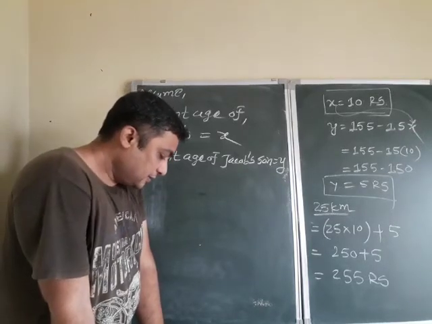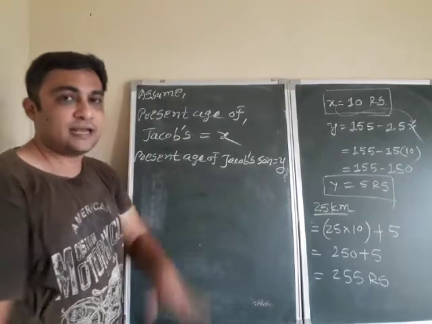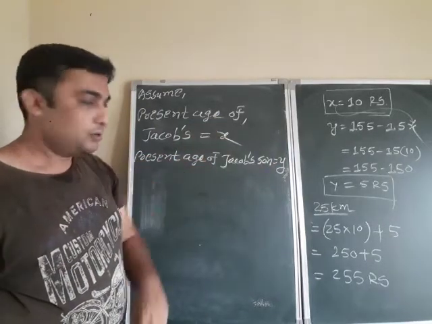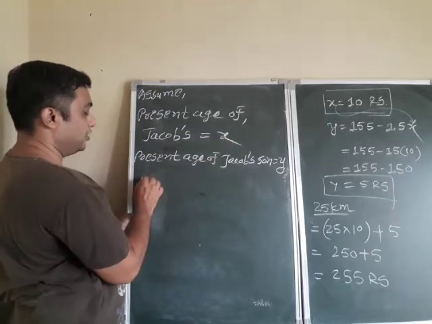Now according to the data, let me read the data initially. 5 years hence the age of Jacob will be 3 times that of his son. Means they are talking about the future, after 5 years.